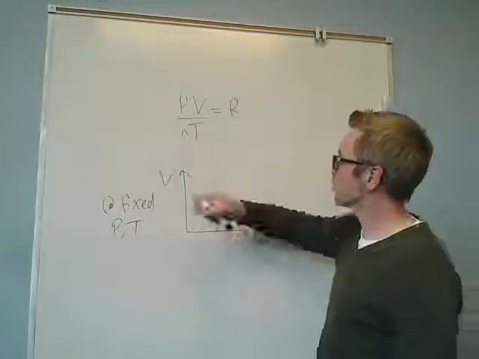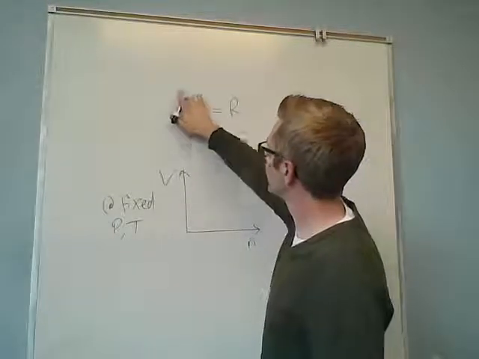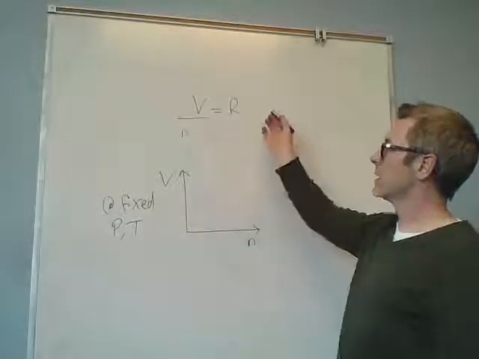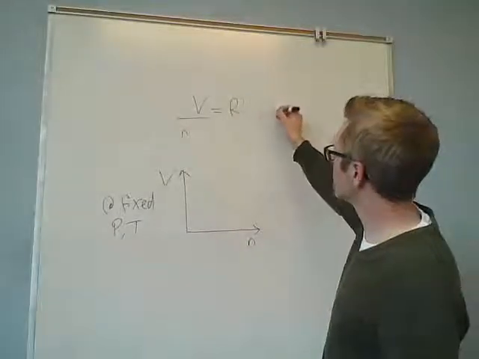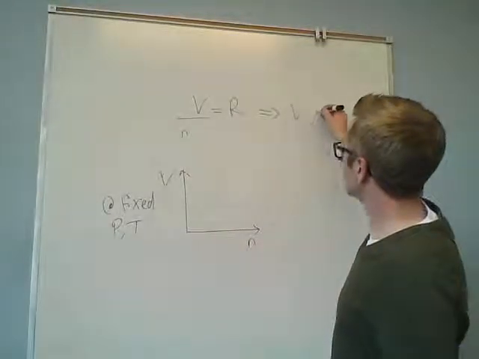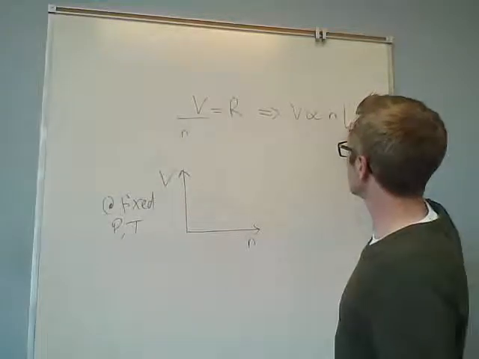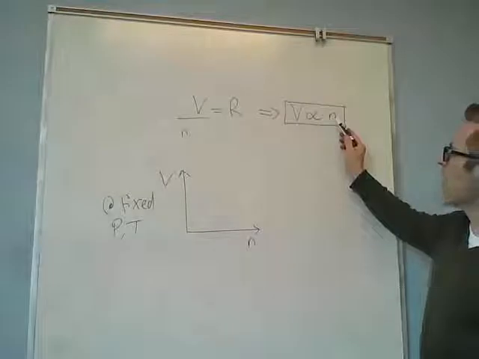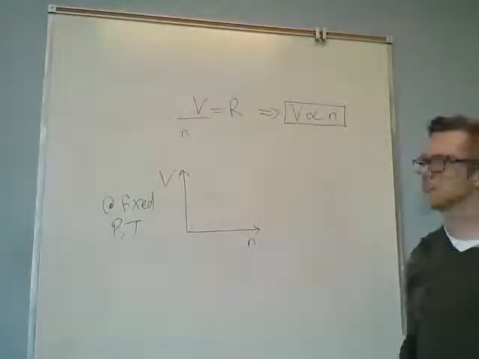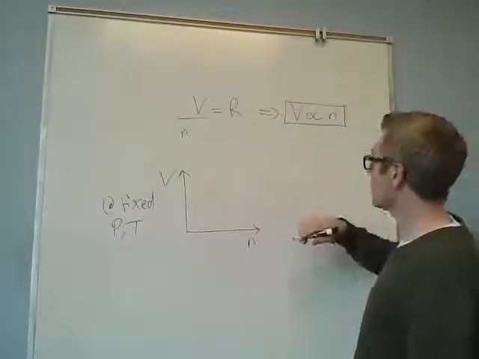If we're fixing pressure and temperature, we can ignore them. If we transpose the n to the other side of the equal sign, we know that volume of a gas is proportional to the moles. This is quite obvious. If you have more gas, its volume will increase. That makes sense. It's a direct relationship.